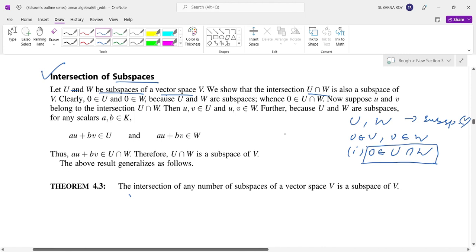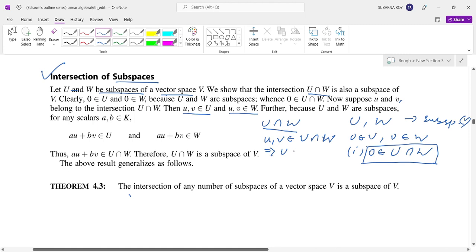For the second property, we have to prove that U intersection W is a vector space, so we choose u and v from this intersection.